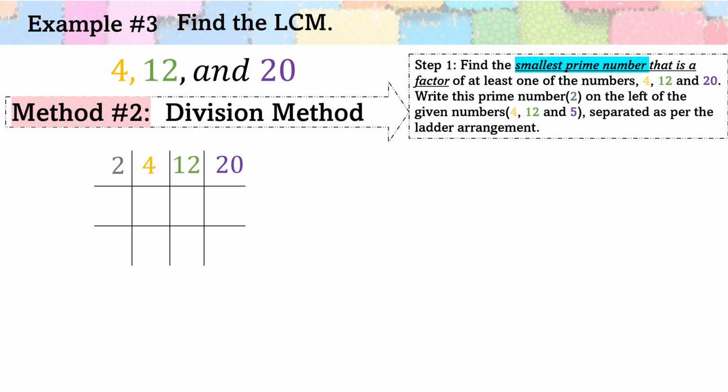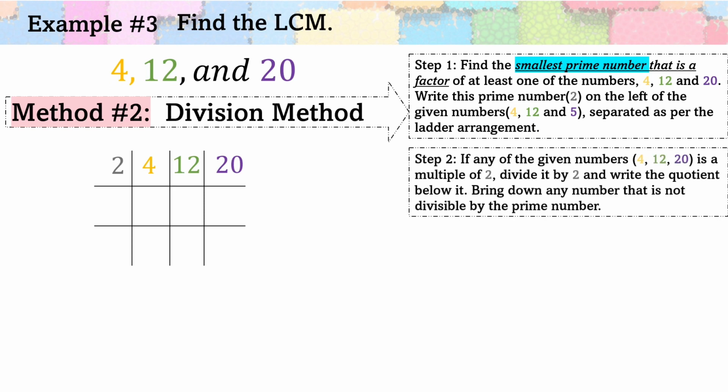That's step 2. If it is a multiple, divide it by 2. So 4 divided by 2 is 2. Proceed to 12. 12 divided by 2 is 6. Again, write the quotient below the given number. And then 20 divided by 2 is 10.